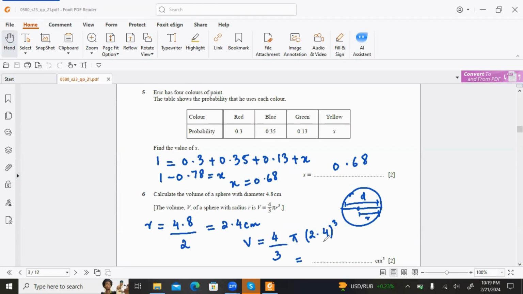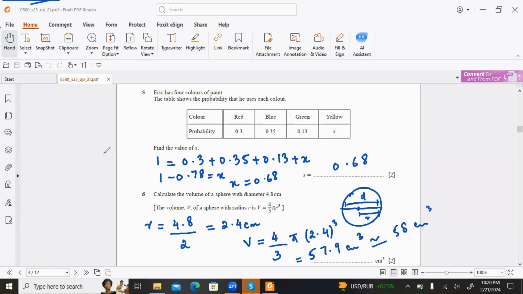So 2.4 cubed times pi times 4 divided by 3, 57.9 centimeters cubed, which can be rounded to 58 centimeters cubed as well.